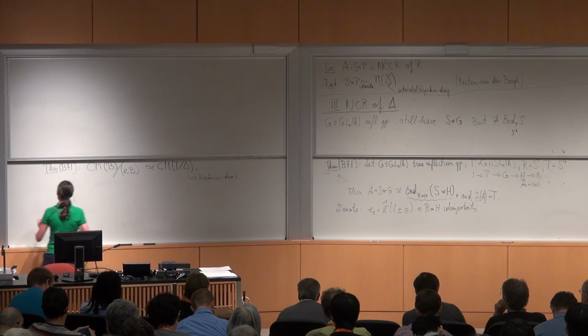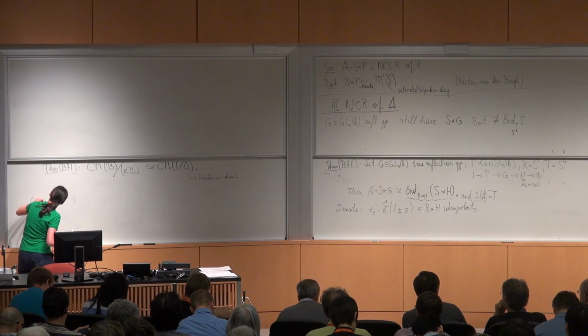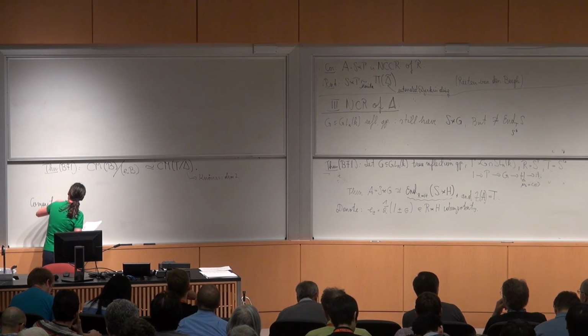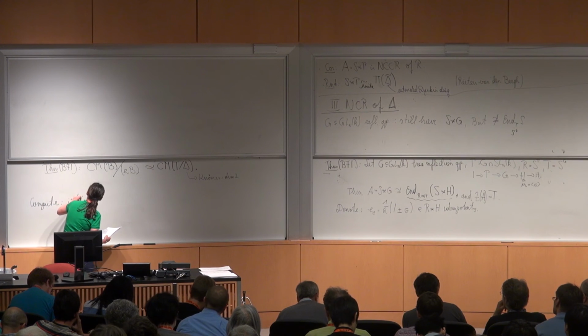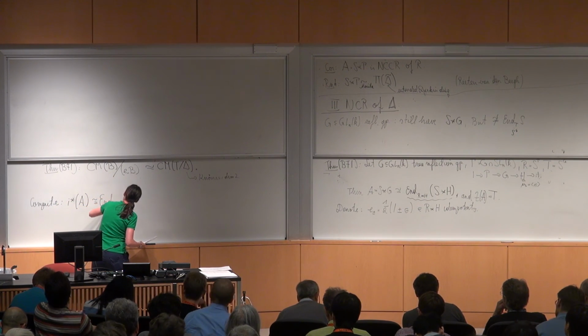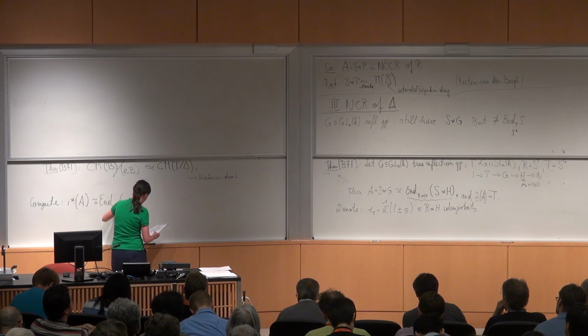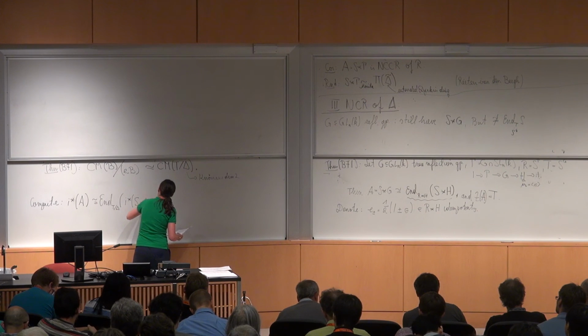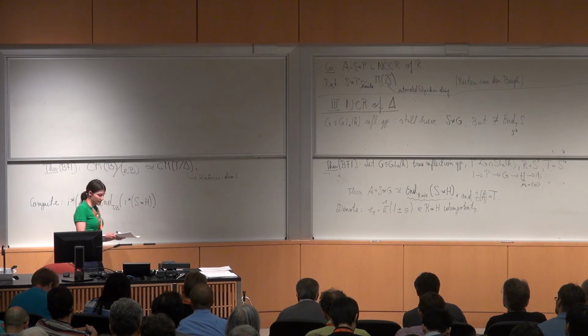Namely, we can compute this i upper star of A, and we find that this is an endomorphism ring over the discriminant T mod delta of i upper star of S star H, whatever this module is.